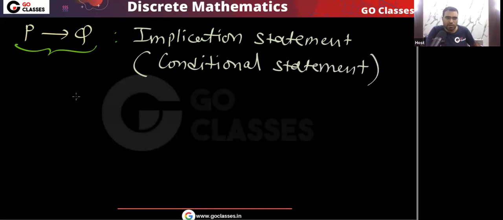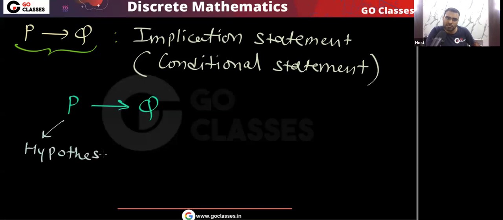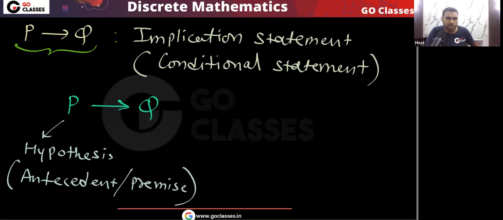Whenever you have this P implies Q, the left-hand side, P, is called the hypothesis, or you can call it the antecedent, or you can call it the premise. And this Q is called the consequence, or you can call it the conclusion.